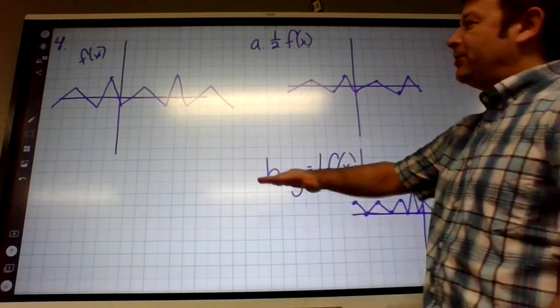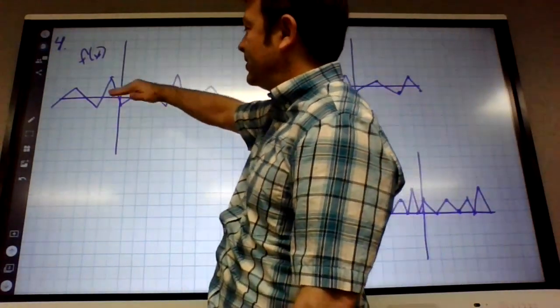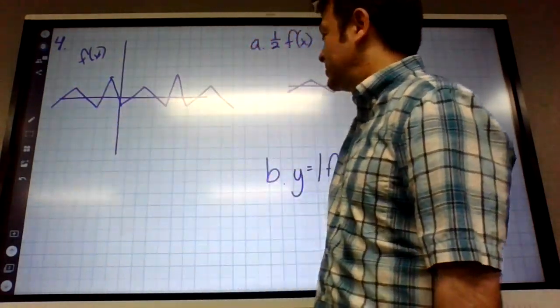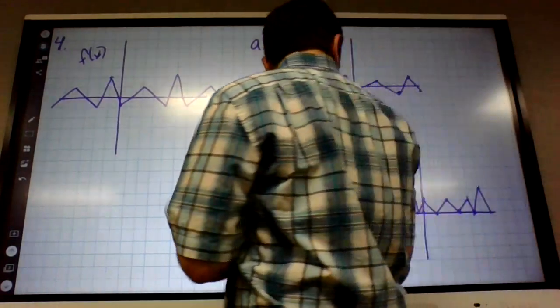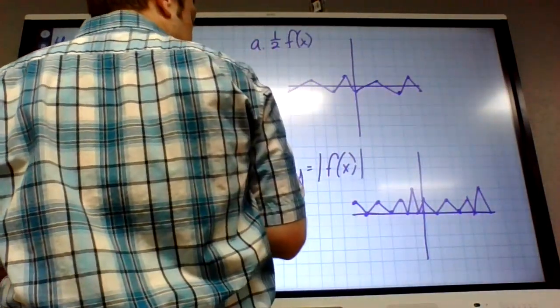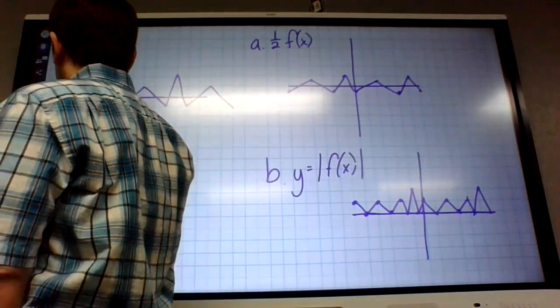If you imagine all this on the bottom folding up, that's what's happening. It's kind of a mess. I don't think the one on the test is quite that messy. I'm just gonna say that looks right.